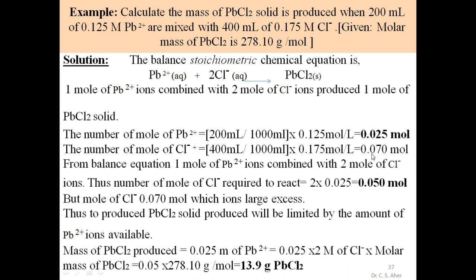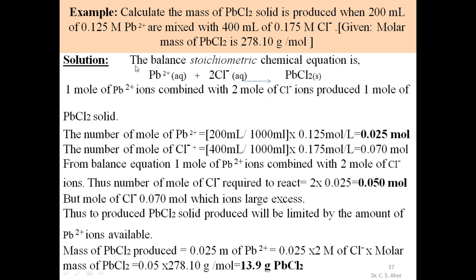It gives the value 0.070 moles. From the balanced equation, 1 mole of lead ion combines with 2 moles of chloride ion. Thus, how many moles of chloride are required to react? It is double that of lead.